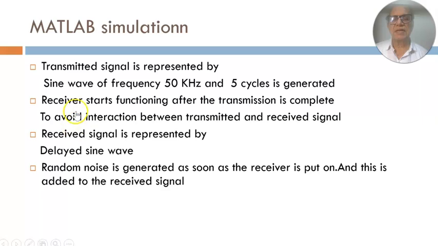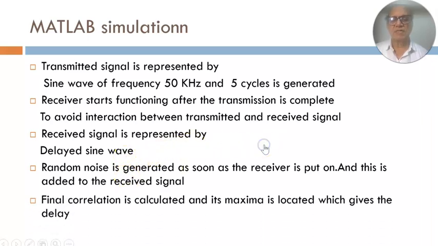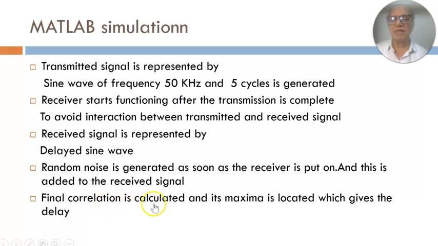Then we generate a noise signal which starts immediately after the transmission of the entire signal is complete, and this noise signal remains for the entire duration of our time window. Then we generate a delayed sine wave to simulate the reflected signal, and that is added to the random noise, and the final correlation is calculated and its maxima is located, which gives the delay.